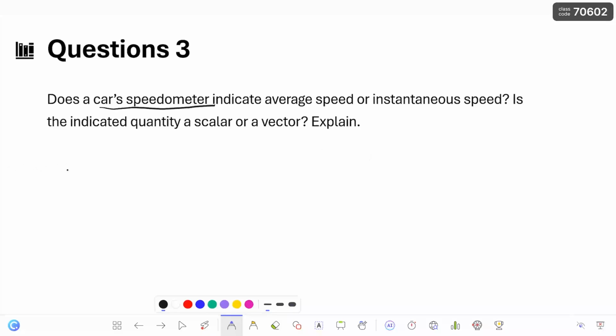So this is actually an instantaneous speed. And the instantaneous speed is a scalar quantity because it shows only the speed at a particular time.